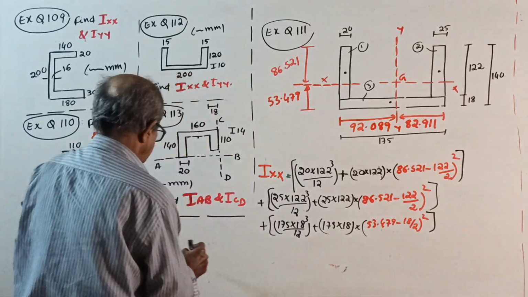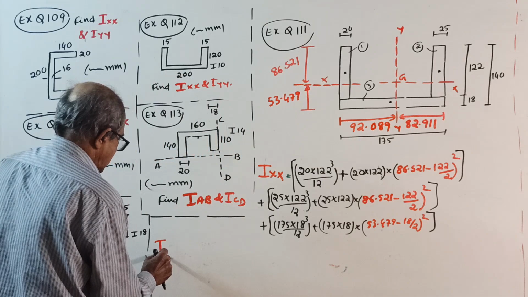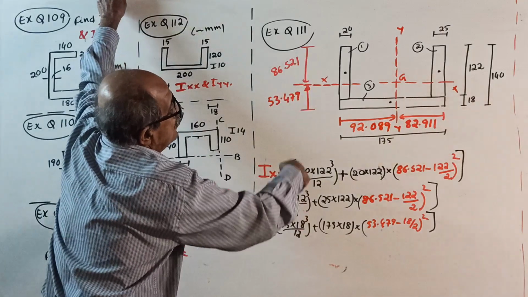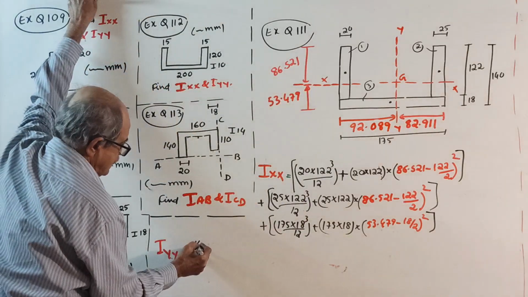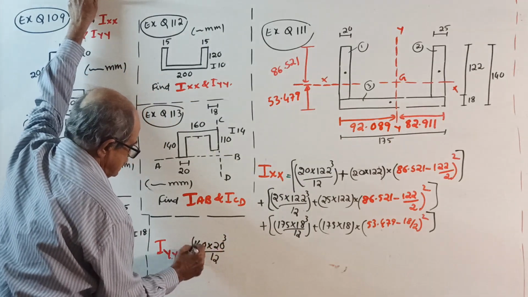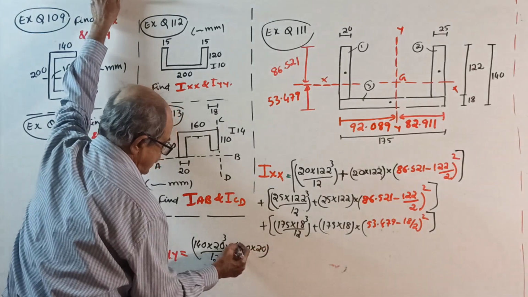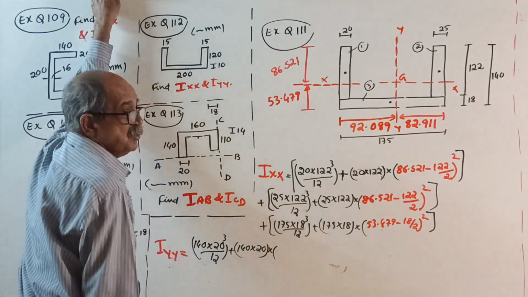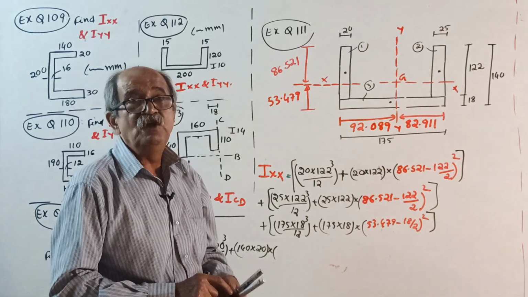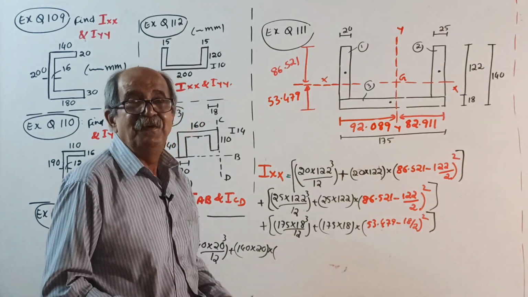Okay, IXX over. I'll start IYY here. That's why I left a space here. IYY. Okay, start: 140 into 20 cube by 12, plus area, 140 into 20, plus area into 92.089 minus (20 by 2) whole square. Suppose you go to an interview and write like this, see how impressed they will feel.